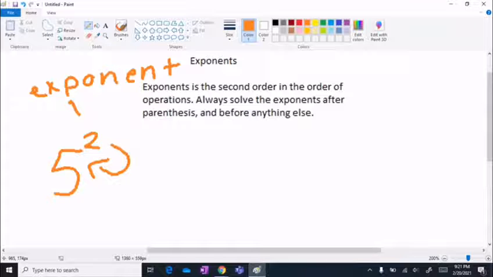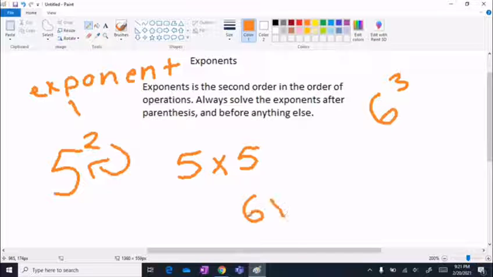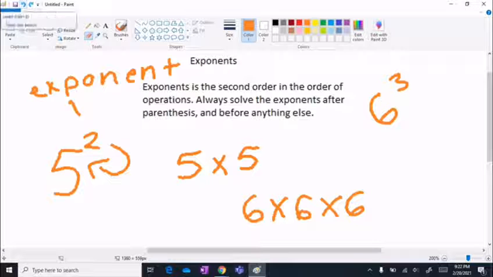So, if you see 5 to the power of 2, which is how you say it, that just means you do 5 times 5. If you see 6 to the power of 3, it's just 6 times 6 times 6. A lot of people get confused and think, oh, 6 to the power of 3, let me just do 6 times 3.